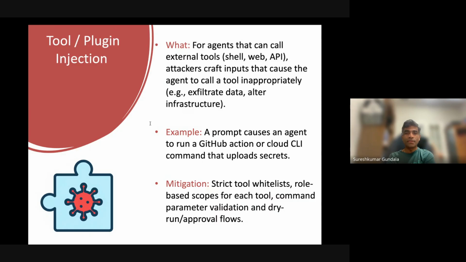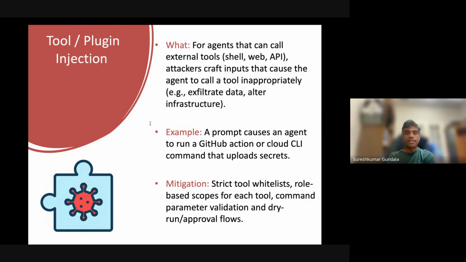And how do we mitigate tool injection? It basically starts with strict tool whitelisting, where agents should only have access to explicitly approved tools that are necessary for operating the models in their defined role.